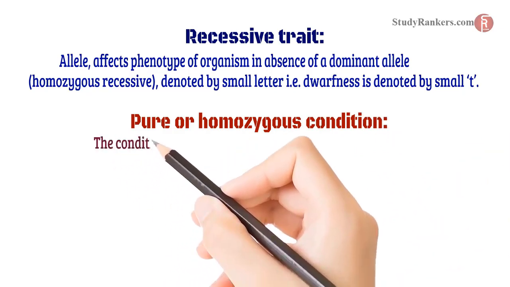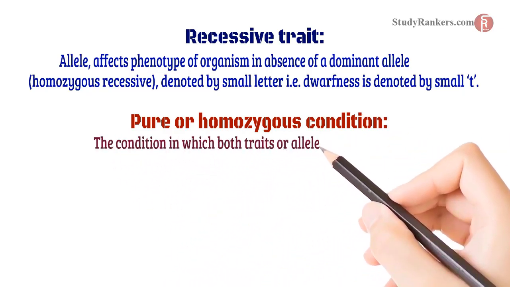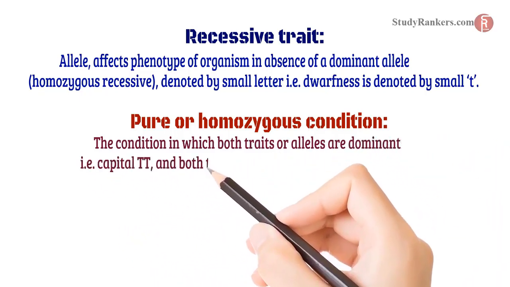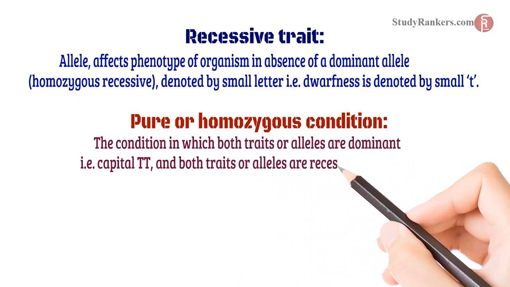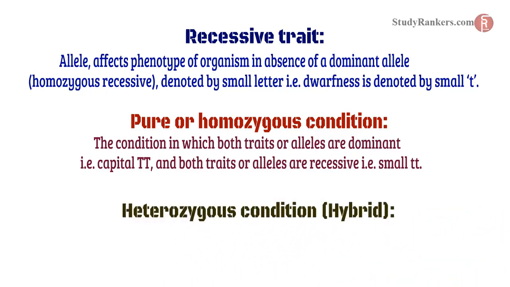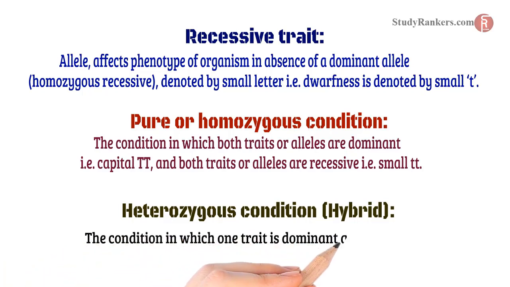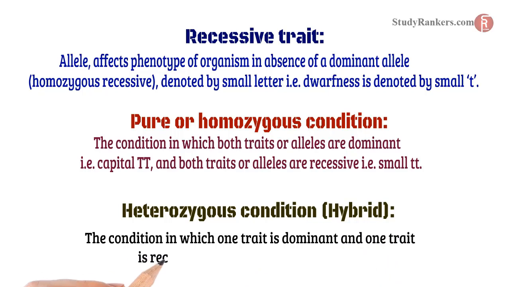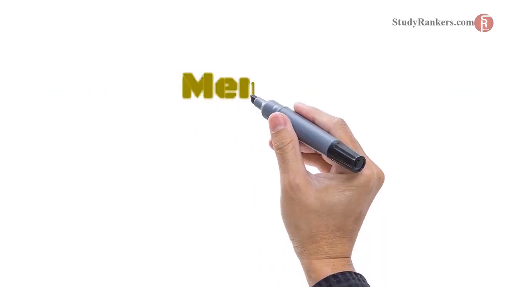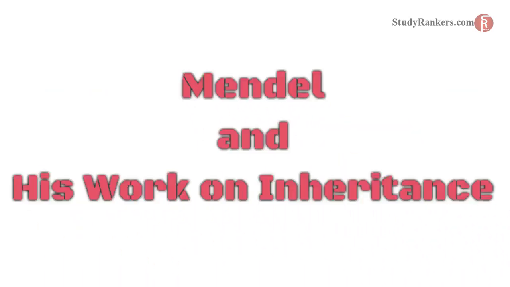The condition in which both traits or alleles are dominant, that is capital TT, and both traits or alleles are recessive, that is small tt. Heterozygous condition. Hybrid. The condition in which one trait is dominant and one trait is recessive, denoted by capital T and small t. Our next topic is Mendel and his work on inheritance.